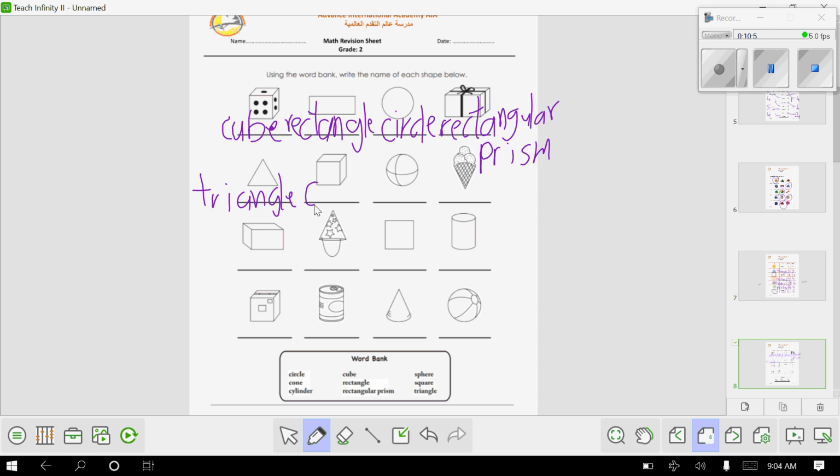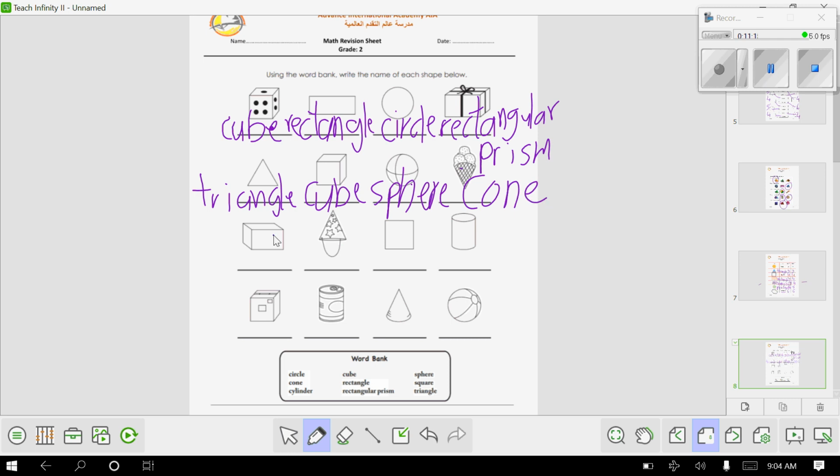Here is another cube. Here, it's not a circle, it has a third dimension. Yes, it's a sphere. What about this? Perfect, it's a cone.